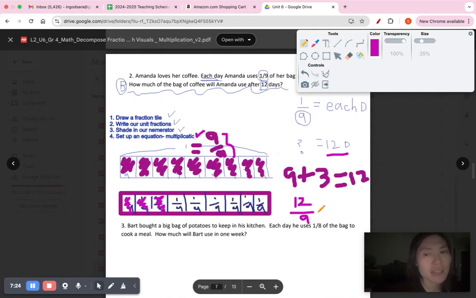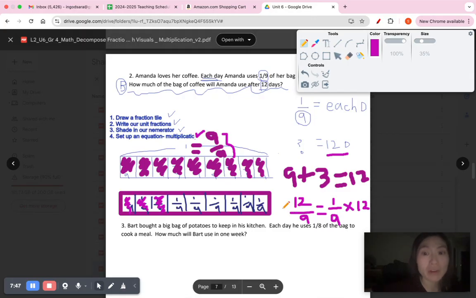12/9. And how did I get 12/9? Yes, my unit fraction didn't change, so that was 1/9. And think about how many times did I count? Yeah, I counted 12. So my equation will be 1/9 times 12, which equals 12/9.